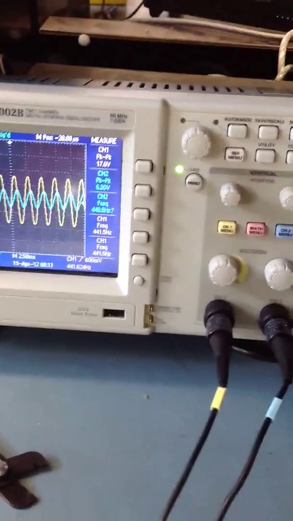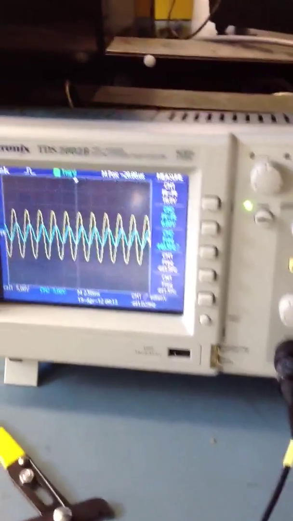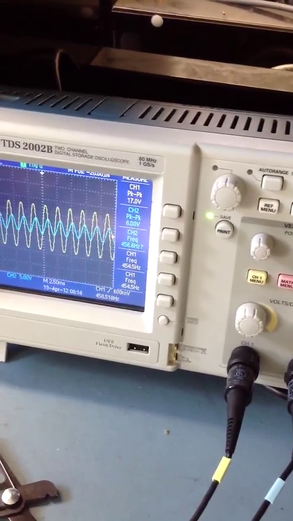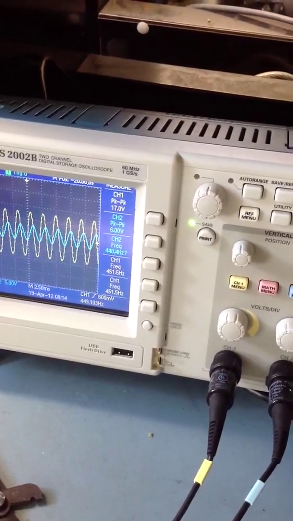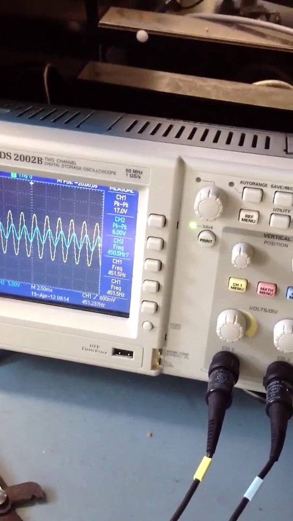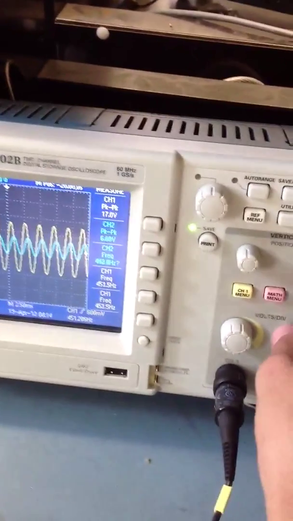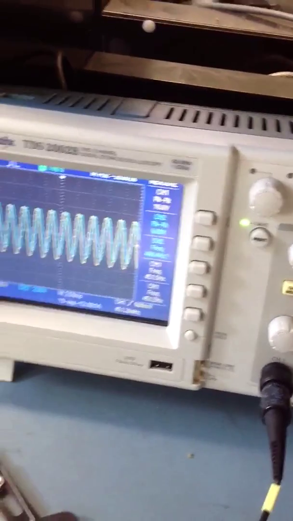Okay, there we go. So that's almost at 450. I'm using the fine adjustment. There it is, 450. Alright, so I got the amplitudes and the phase lag, right?